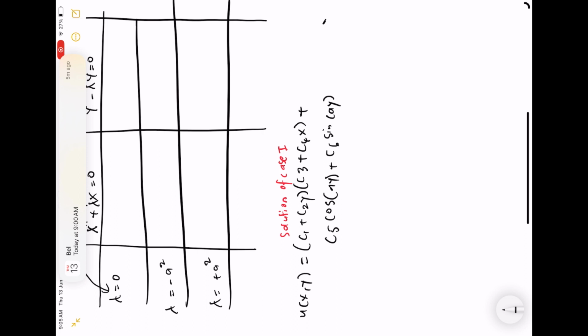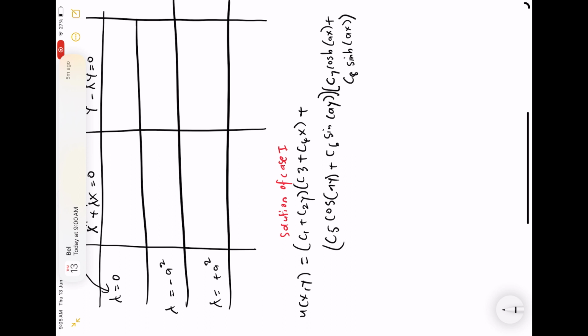Okay. C5, and then multiply by C7 cos AX plus C8 sine AX. So when you see hyperbolic cos and sine, the value of R is without the imaginary number.